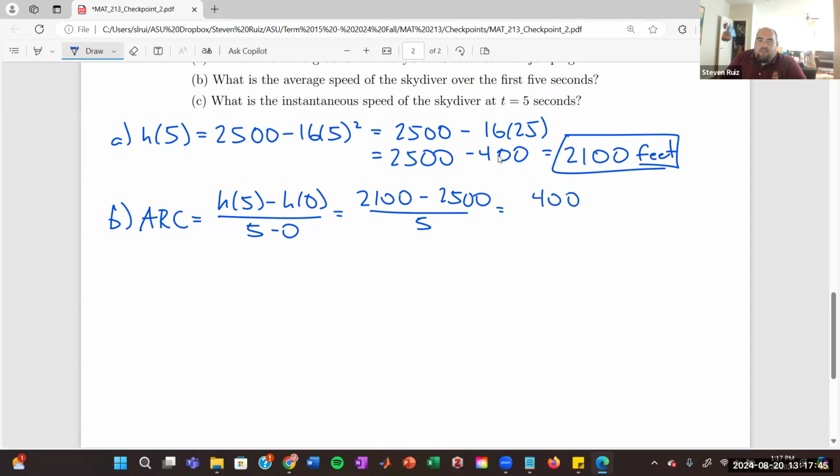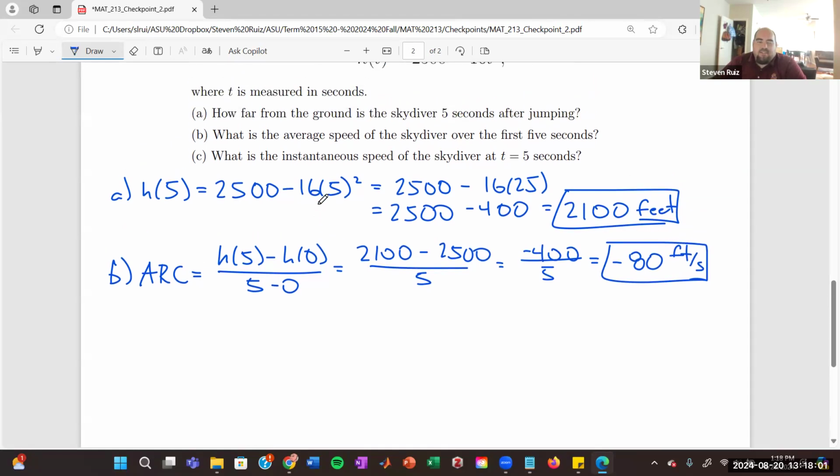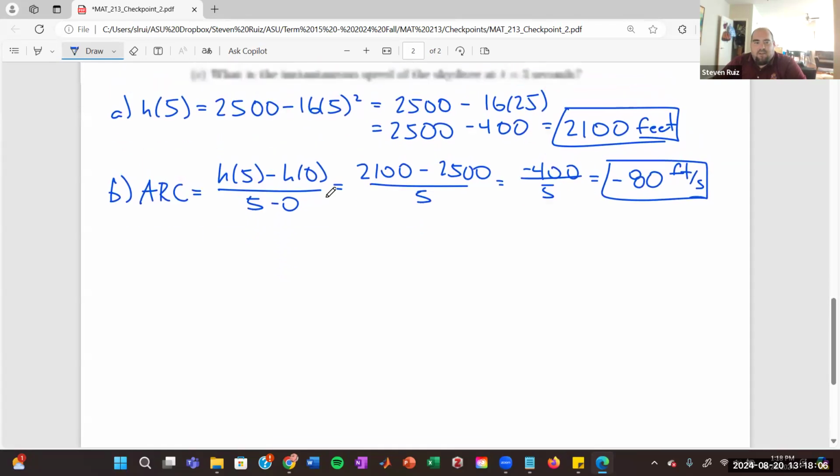That's equal to negative 400 over 5, and that is negative 80 feet per second. So why does it make sense that it's negative? Because the skydiver is falling, so their height is decreasing as time increases. So we should expect a negative value there.